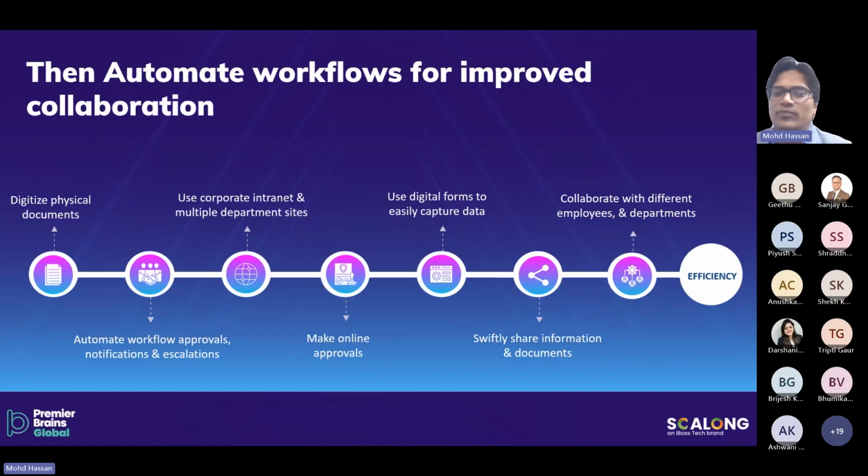We will try to showcase each of these things in the later stages. Physical forms can be replaced with digital forms to capture data easily, swiftly sharing information and documents, and collaborating with different employees and departments. All these things contribute to automation and lead us to better efficiency.